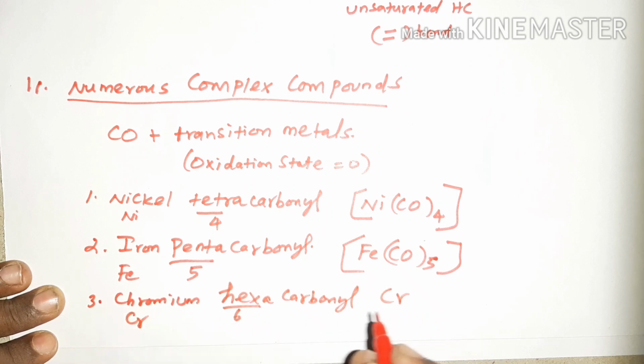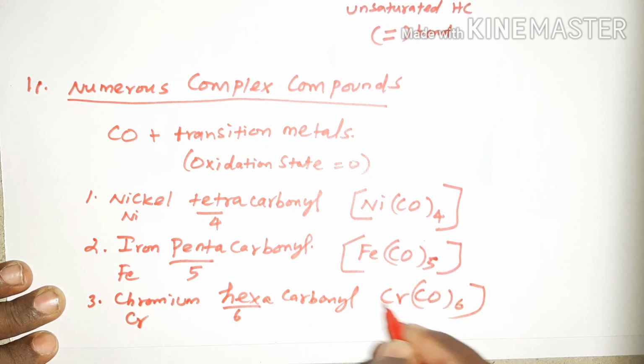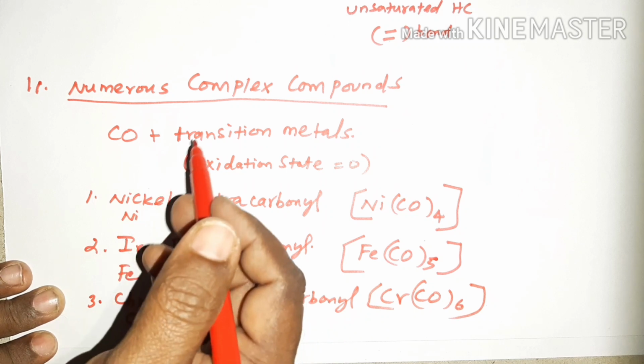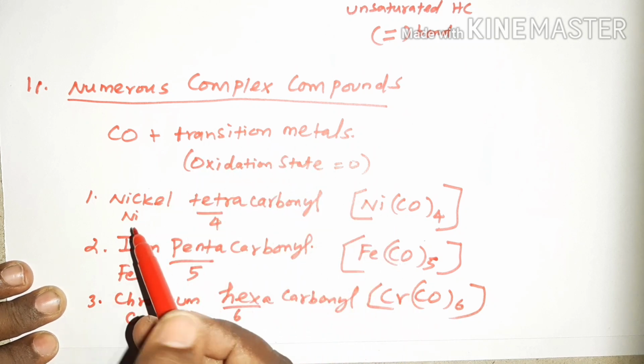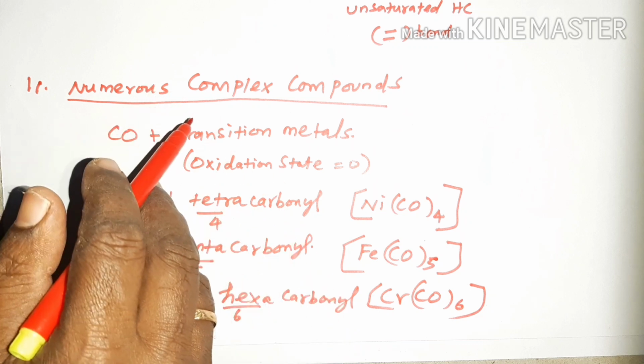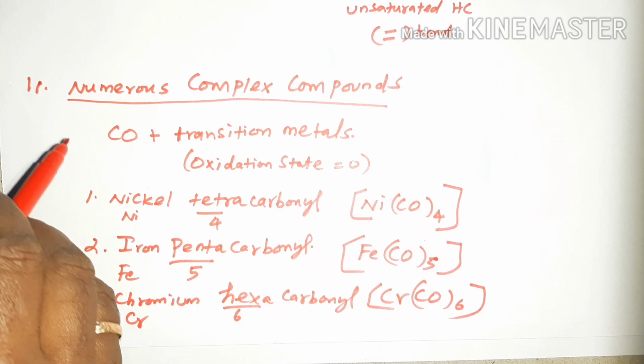So Cr(CO)6. So these are some examples of complex compounds: nickel tetracarbonyl, iron pentacarbonyl, chromium hexacarbonyl. So total 11 properties for carbon monoxide.